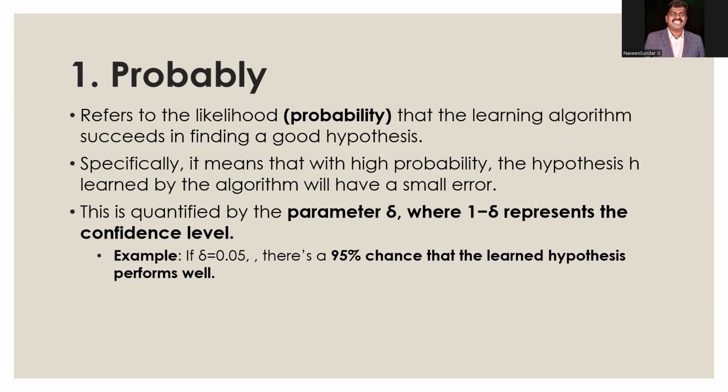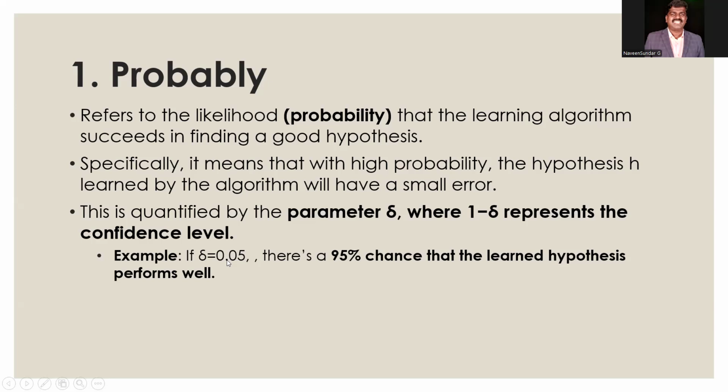From the name, P belongs to probably. That refers to the likelihood, the probability, that the learning algorithm succeeds in finding a good hypothesis. We can say that parameter is delta, where 1 minus delta represents the confidence level.